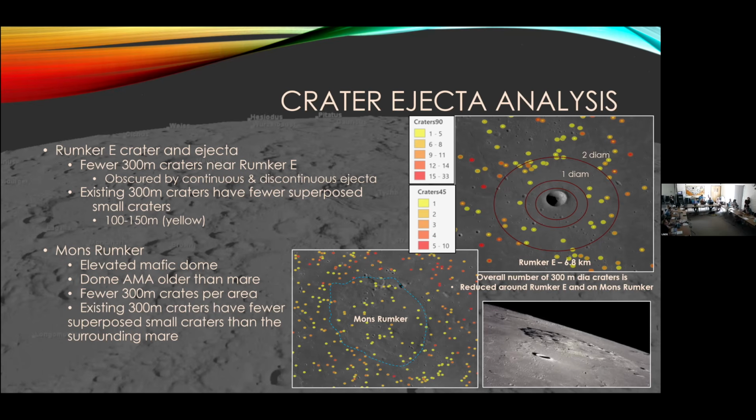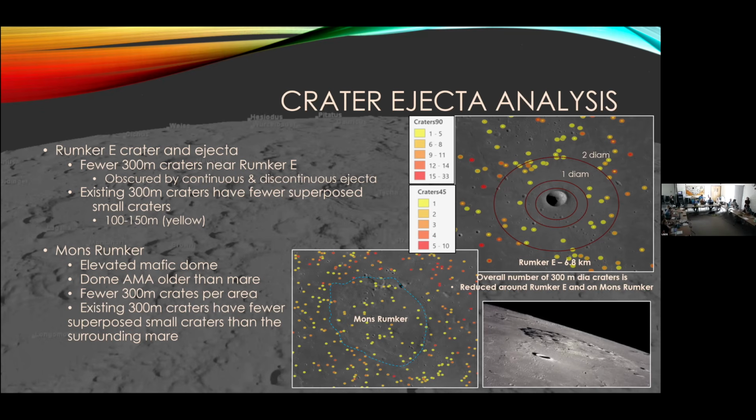I probably should have pulled out a little bit more in this diagram. You can see that generally the 300-meter craters around Rumker E have either more degraded or fewer 150-meter craters in that vicinity, probably due to ejecta coverage from that crater.